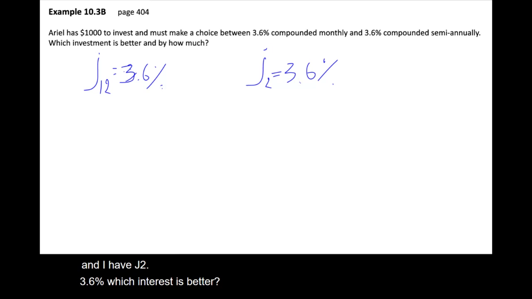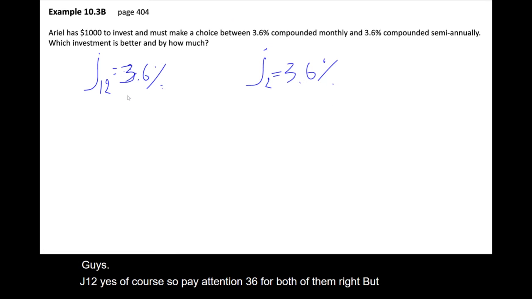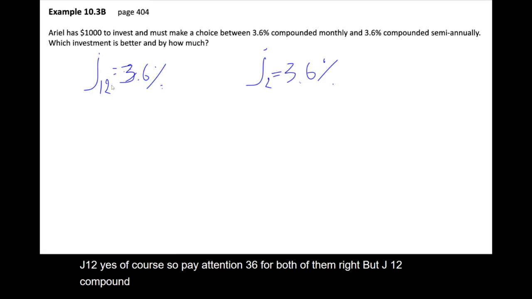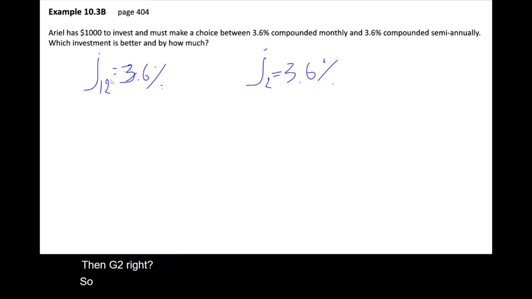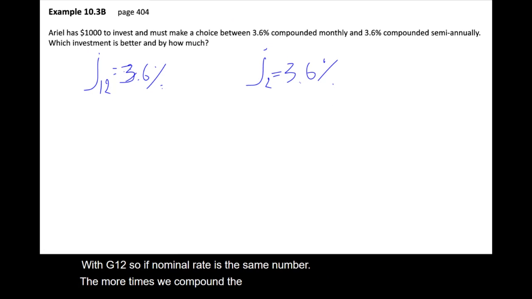Guys, J12, yes, of course. So pay attention, 3.6% for both of them, right? But for J12 we compound more times, actually 12 times a year, 6 times more often than J2. So interest grows faster with J12. If the nominal rate is the same, the more times we compound, the higher the outcome.